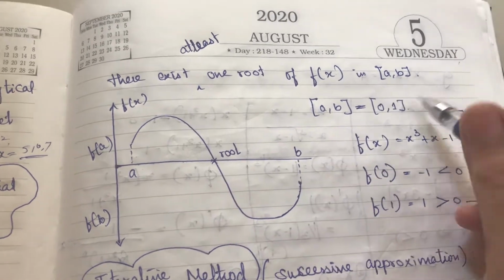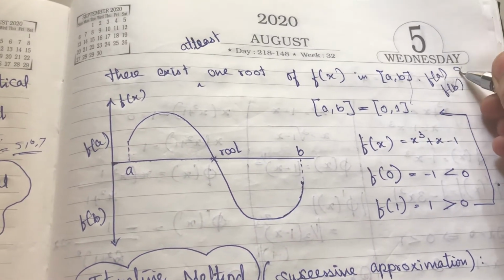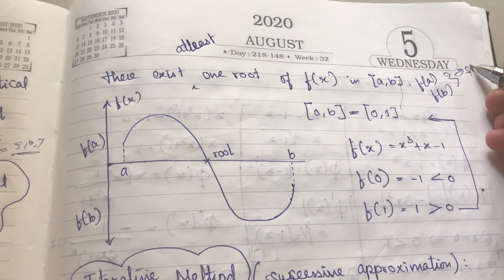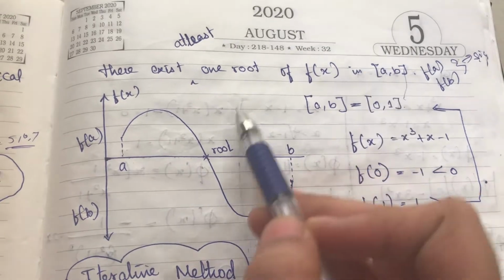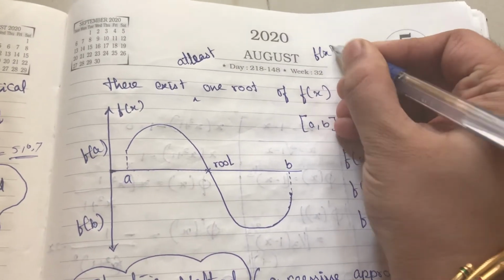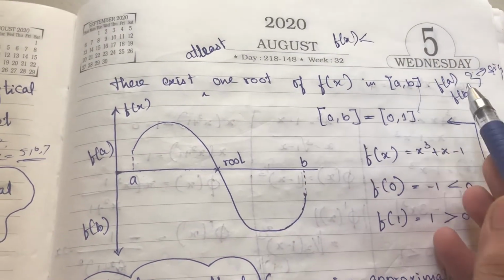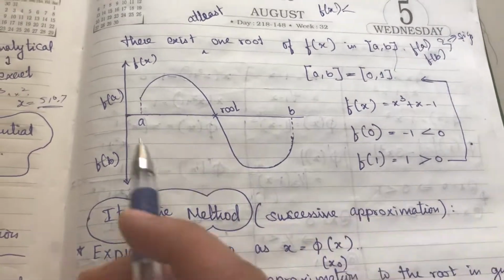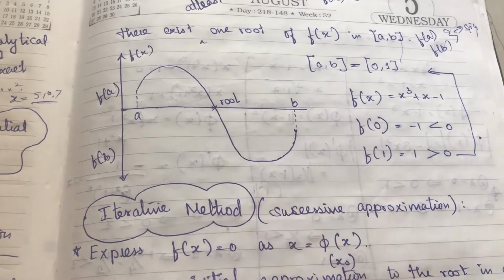If f of a and f of b have different signs, then we can easily say that at least one root of the equation f of x should be inside a b. So they have given one graph here, point a, point b, and this is the root.